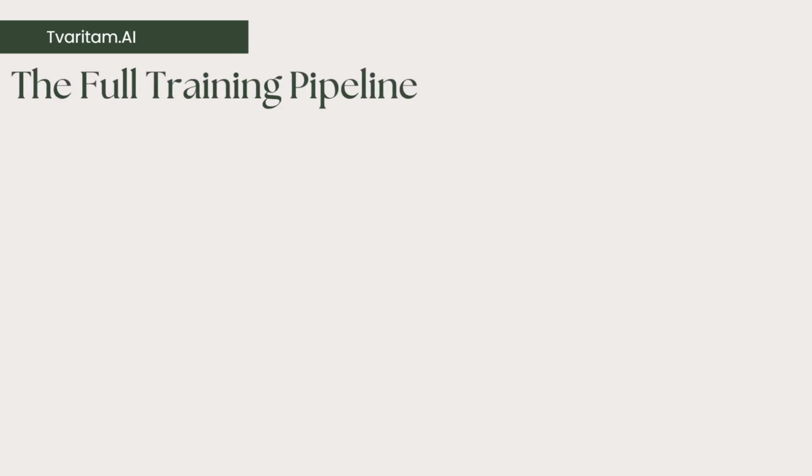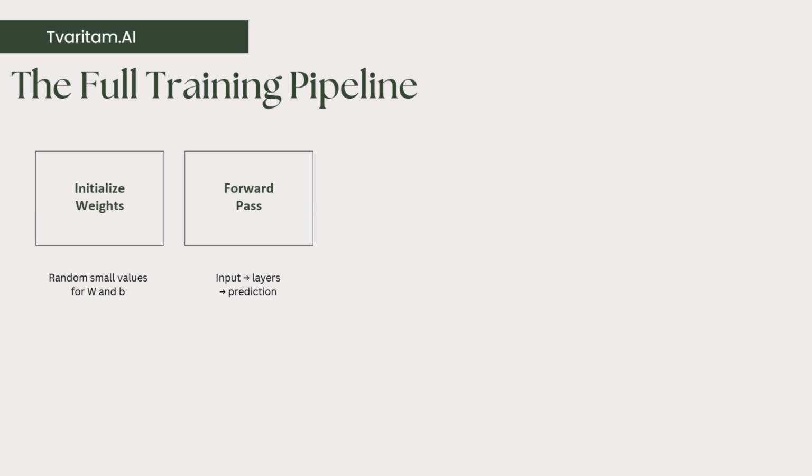Now, talking about the full training pipeline of a neural network and how it works: the first step is we initialize the weights using the technique that we have discussed in the weight initialization section, random values for W and B. Then we have a forward pass, which is the input data passed through all the layers, and the network generates the prediction.